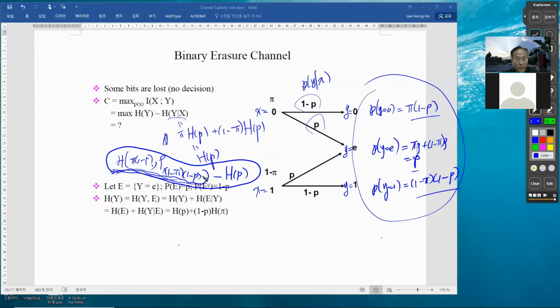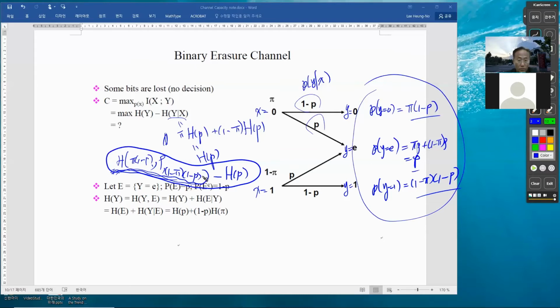So we will use some clever way to figure out this first part. The first part is about the distribution of y and the entropy of y. So we will evaluate the entropy of y in a clever way.